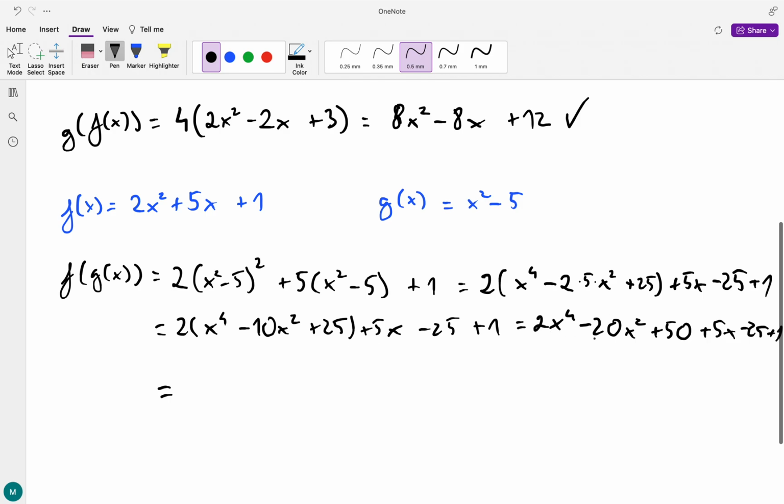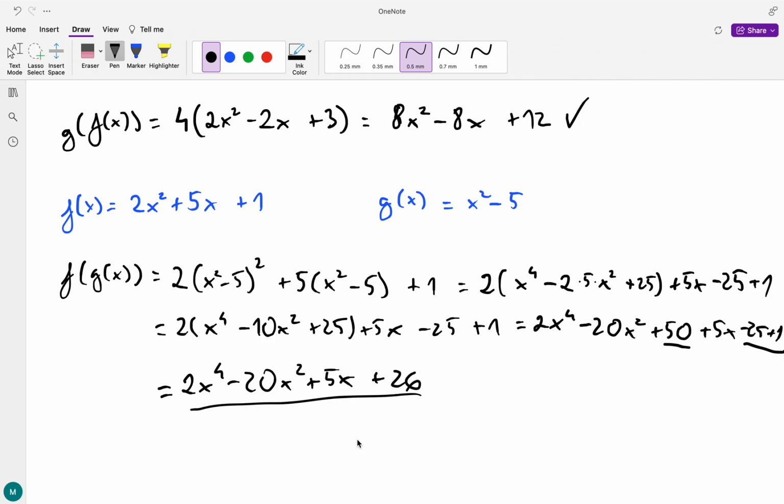So that's basically it when it comes to variables, but we can simplify these numbers. So we're going to have 2x to the 4th minus 20x squared plus 5x, and then 50 minus 24 is positive 26. And that's it.